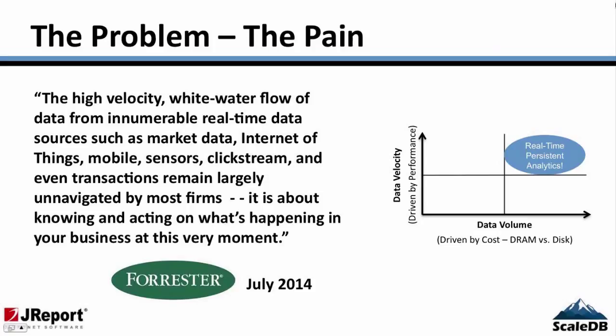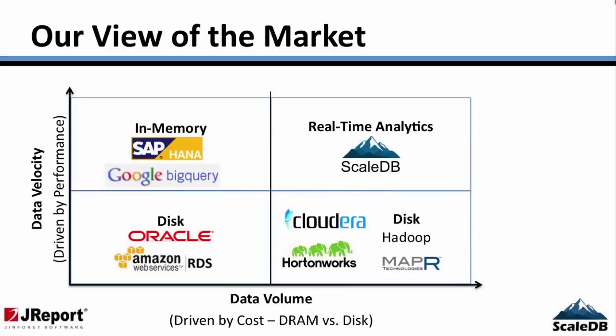And if you look at the axes of data velocity and data volume, real-time persistent analytics is in that top right-hand corner, and we'll explain that in a little bit more detail in the next slide. So here is our view of the market. Again, we're taking the data velocity versus data volume. The velocity issue is largely driven by performance, while the volume is constrained by cost.